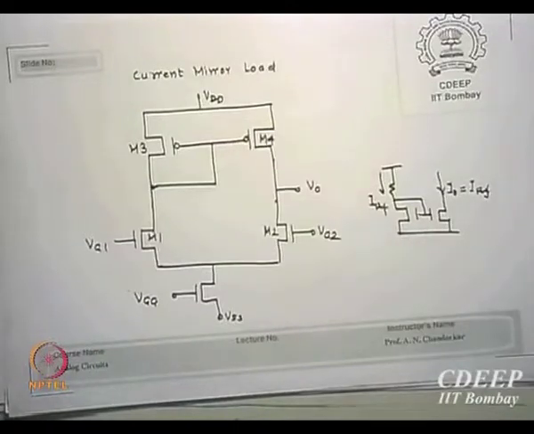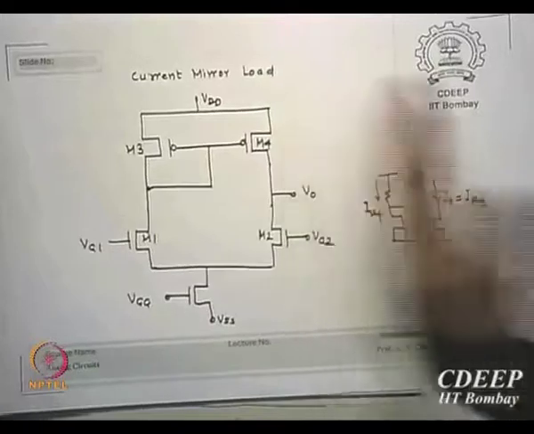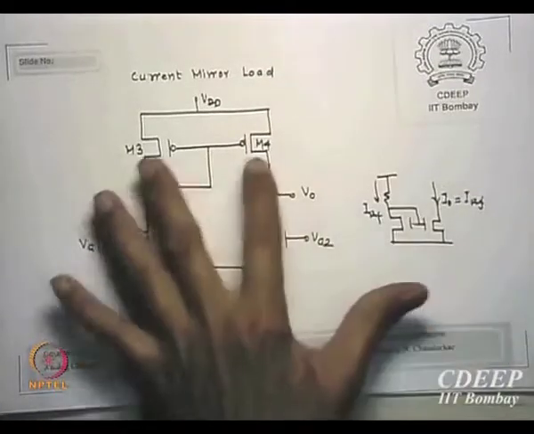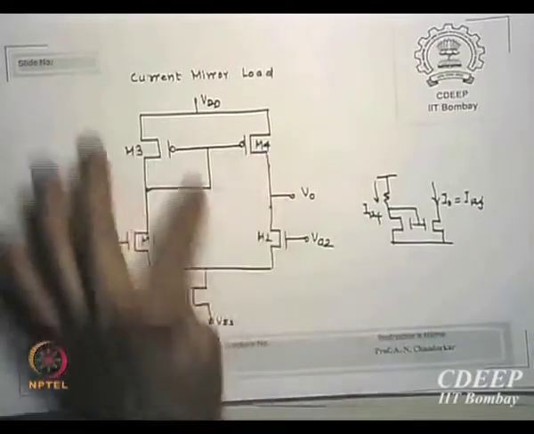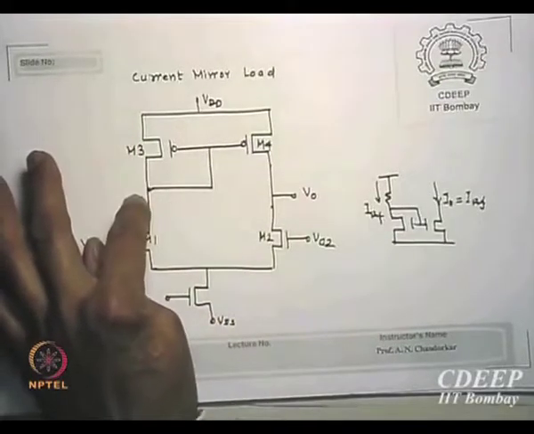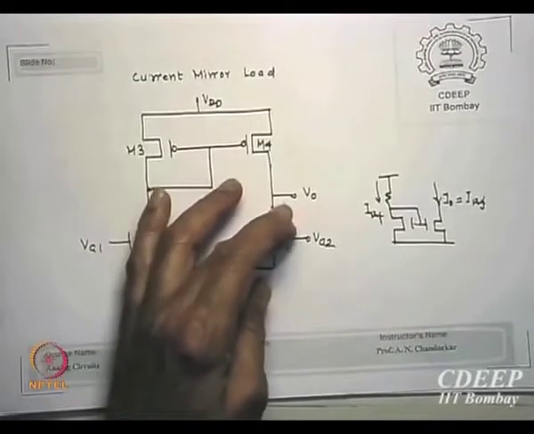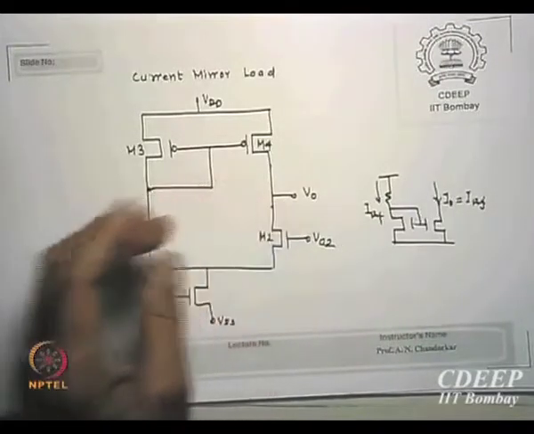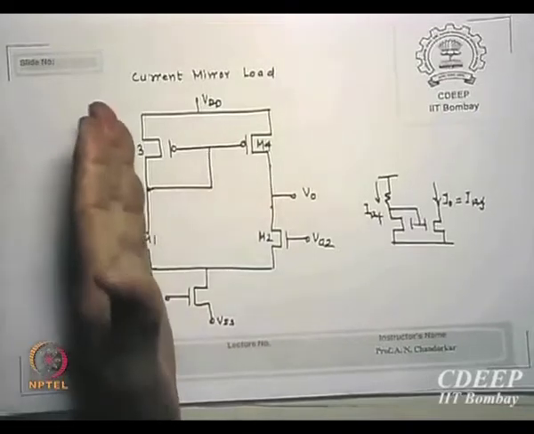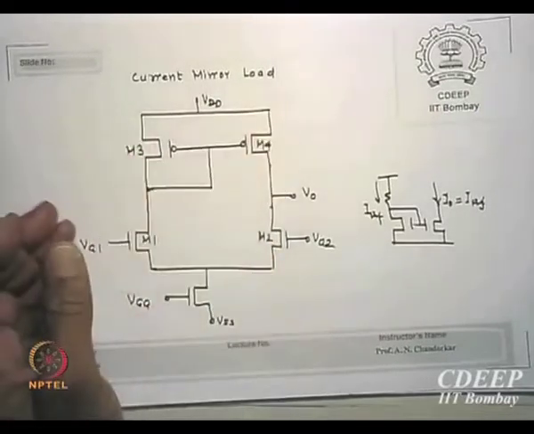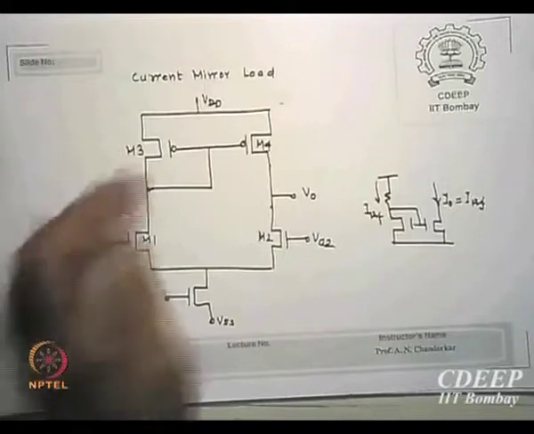This is current mirror. Is that correct? This current is mirrored to this. As soon as I make this connection, gate going to the drain of this side, I am making it current mirrors now. Currents in this arm and current in this arm are mirrored now. Current in this arm is same as current in this arm, mirrored.